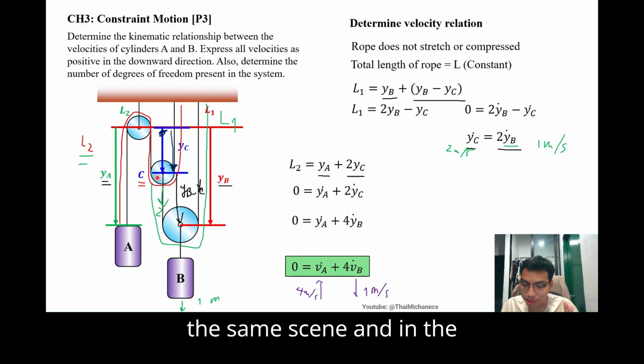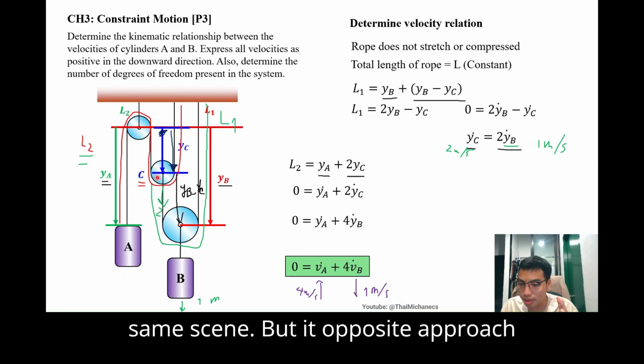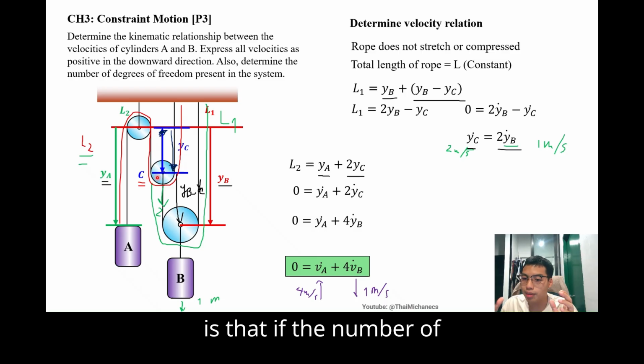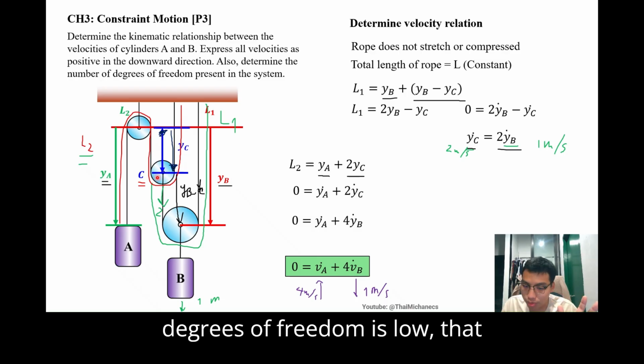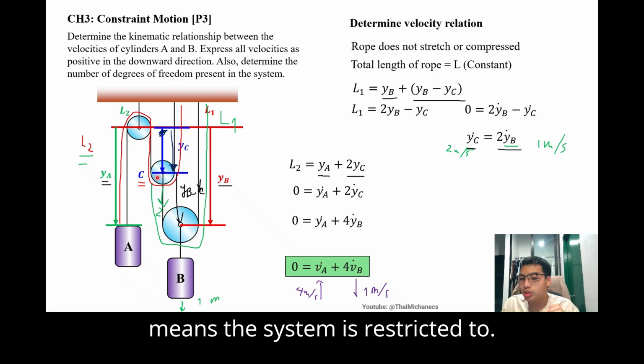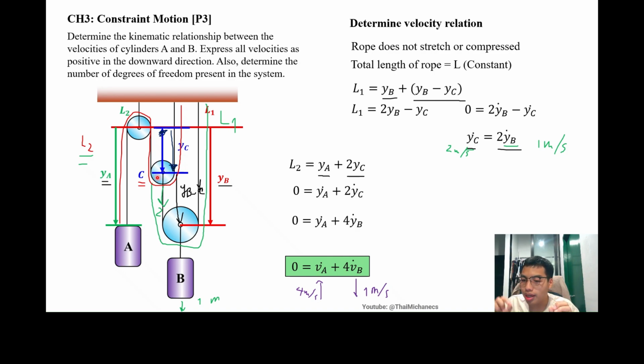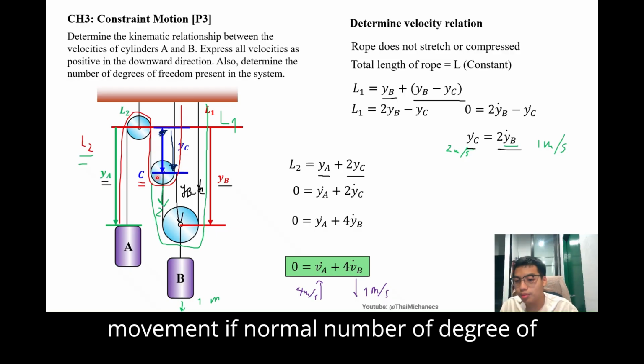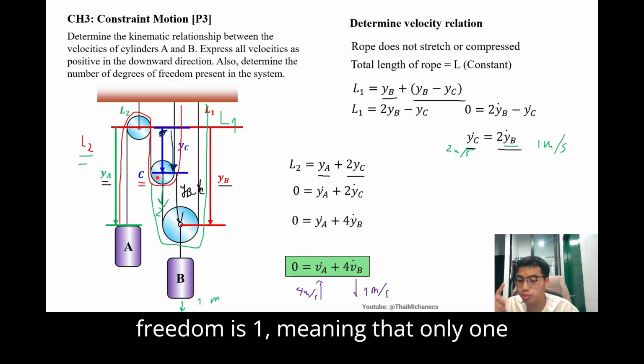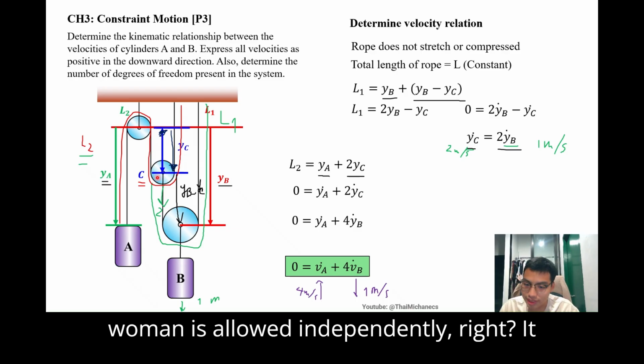In the opposite sense, if the number of degrees of freedom is low, the system is restricted to a limited allowable movement.